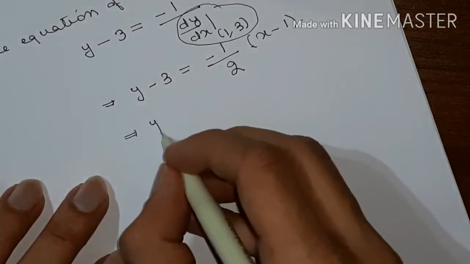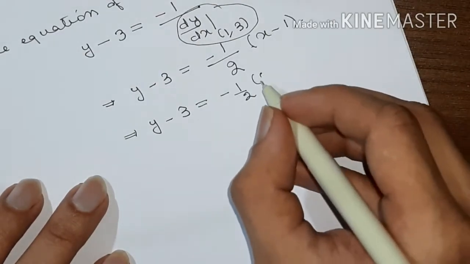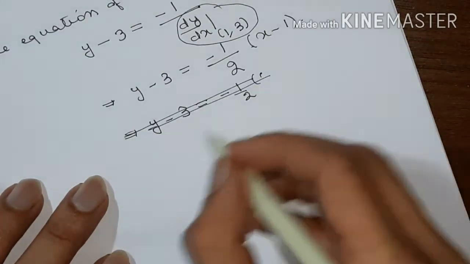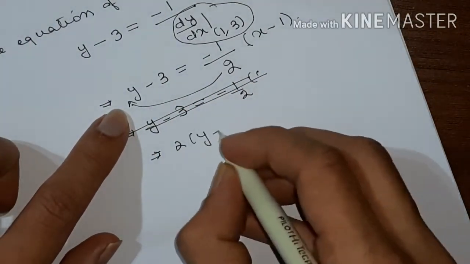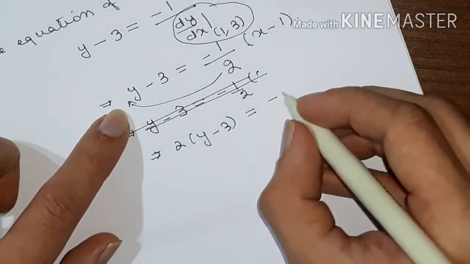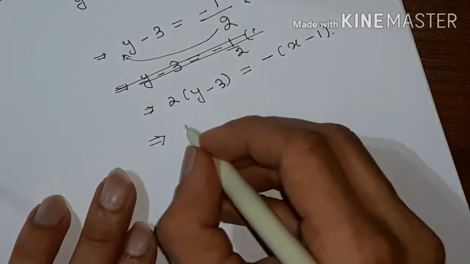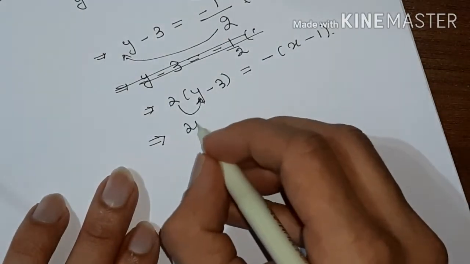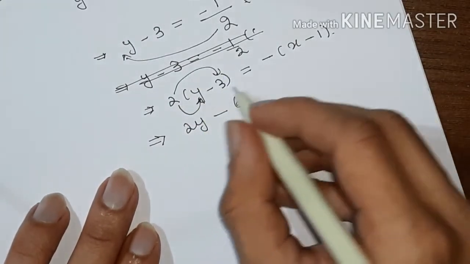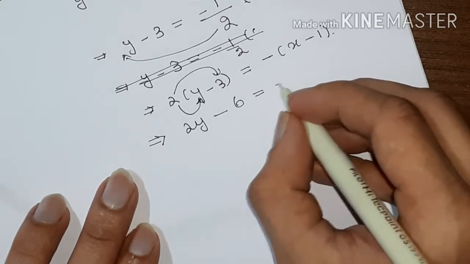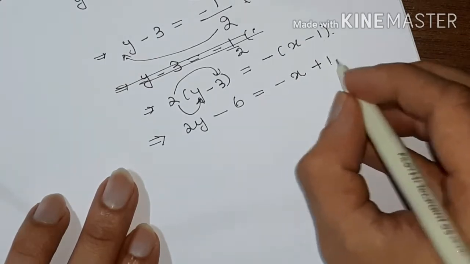Okay, so what you will get, y minus 3 equal to minus half. If you take 2 on this side, we will get 2 times y minus 3 equal to minus x minus 1. So that means 2 times y is 2y, minus 2 times 3 is 6, equal to minus multiplied by x is minus x, minus minus plus 1.